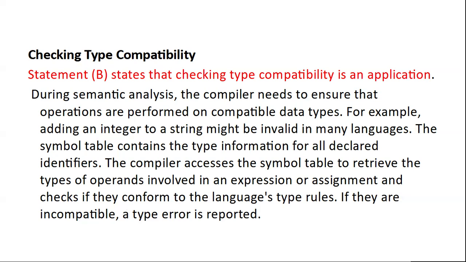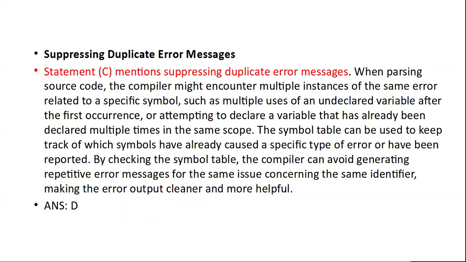Next statement: suppressing duplicate error messages. Suppressing duplicate error messages means when parsing source code, the compiler might encounter multiple instances of the same error related to a specific symbol, such as multiple uses of an undeclared variable after the first occurrence, or attempting to declare a variable that has already been declared multiple times in the same scope.